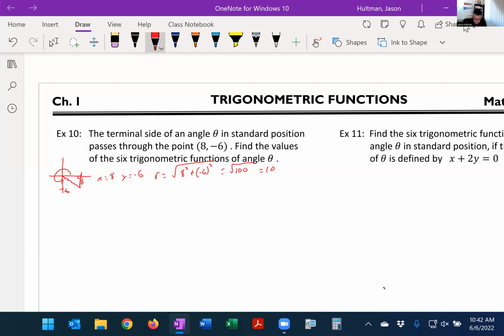So we know that r is equal to 10 here. So now that we have x, y, and r, we can find out what all the 6 trig functions are.